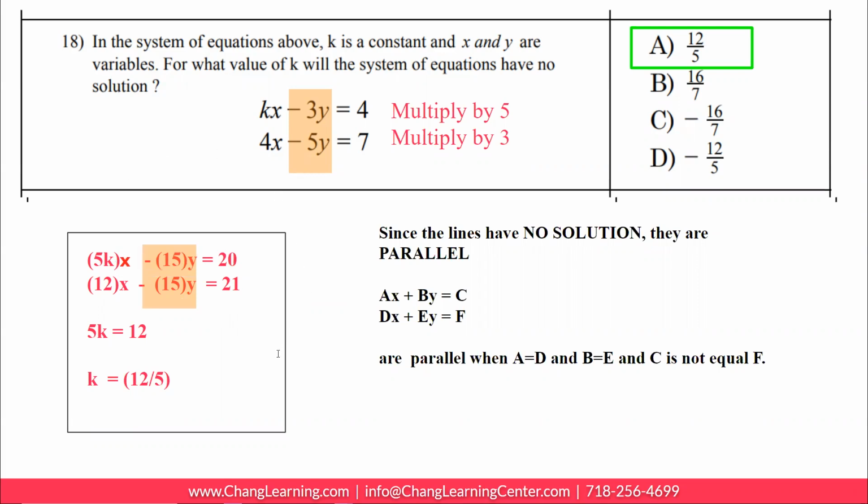So that means that since the lines are parallel and they have no solution, 5k equals 12, because the ratio or the slopes have to be the same if lines are parallel. So when lines are parallel in standard form, the coefficient in front of y is the same, and the coefficient of the x is the same, so that the slope ratio, the change in x and the change in y, are equal.